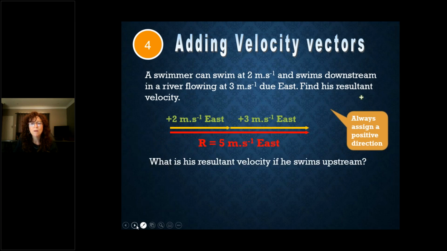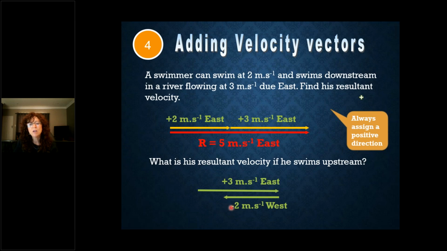But what will the resultant velocity be if he swims upstream? Again, the stream is 3 meters per second east. The boy swims 2 meters per second to the west, so that is why it must be in the negative direction.